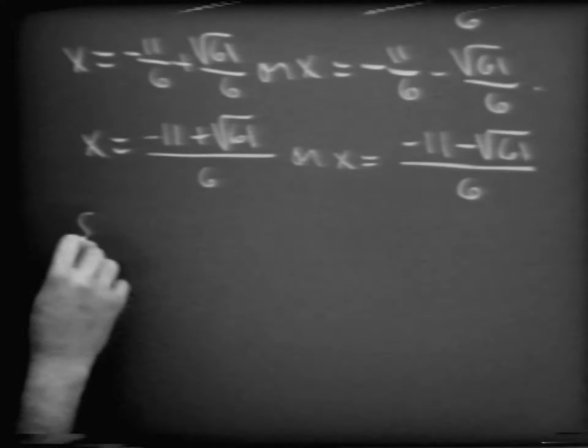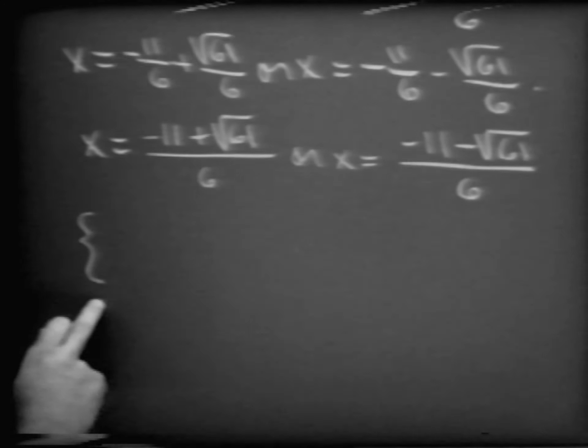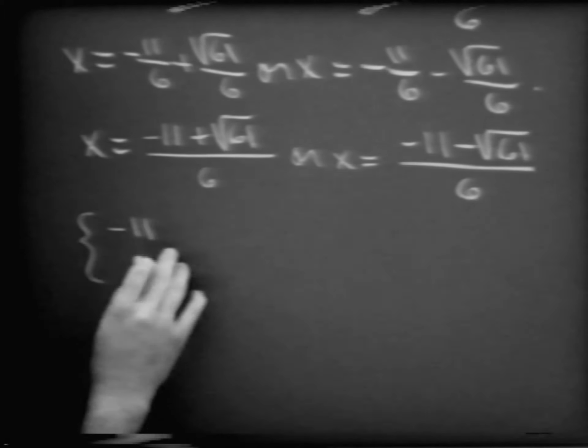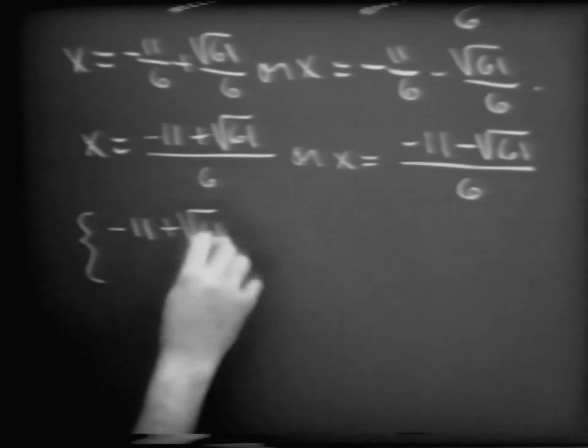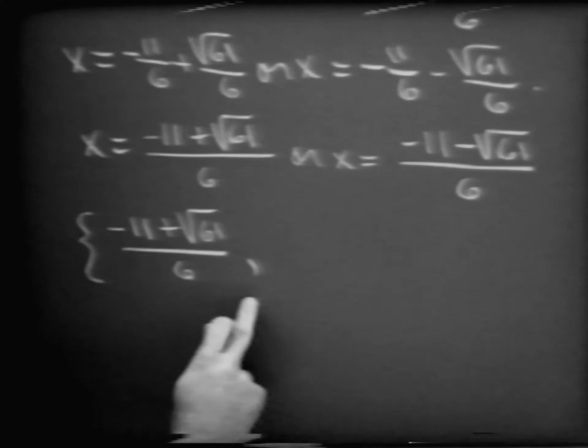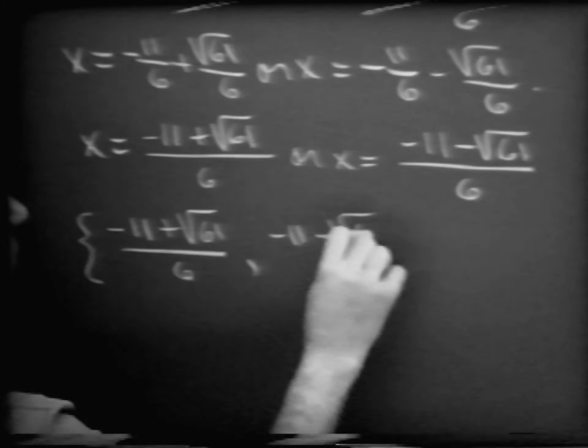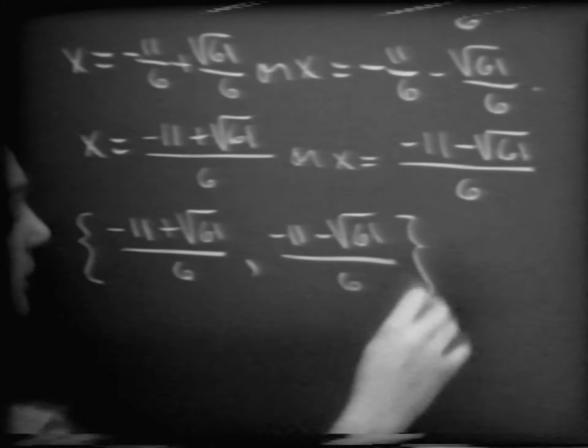Now let's actually write this using our set notation. If it said find all of the roots of this equation, I think you would agree that one of the roots is negative 11 plus root 61 over 6, and the other root is what number? Negative 11 minus the square root of 61 all over 6. Okay?